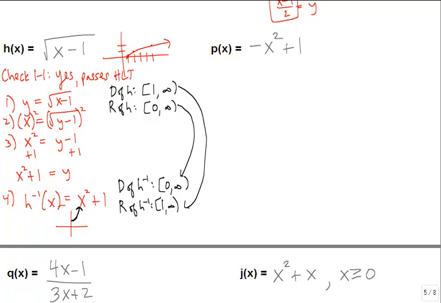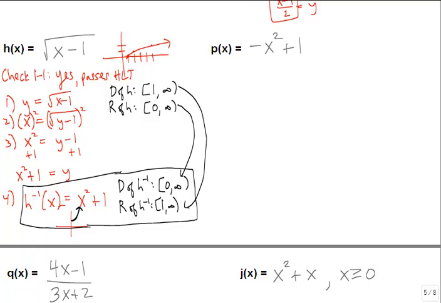Because of the domains and ranges of the original function, we are not going to give just h inverse of x equals x squared plus 1 as our whole answer. We need to include next to that the domain we're using for that parabola and the corresponding range, because otherwise you wouldn't have the correct inverse relationship.